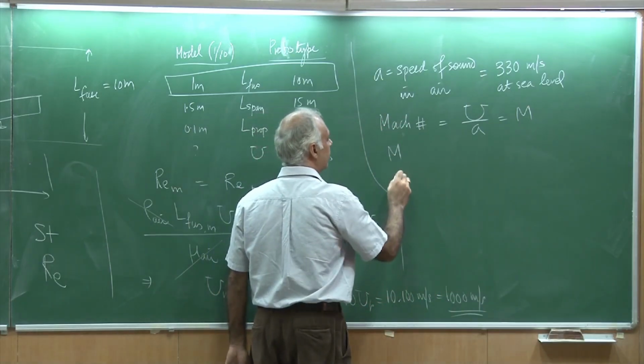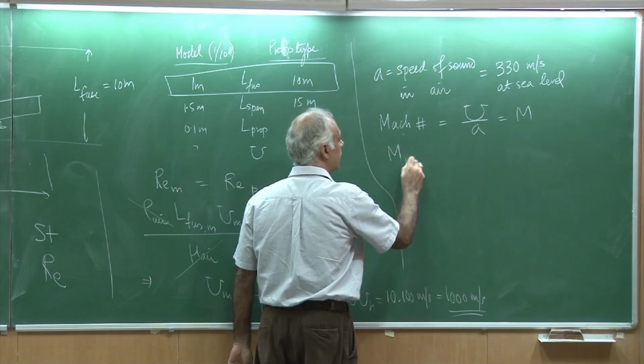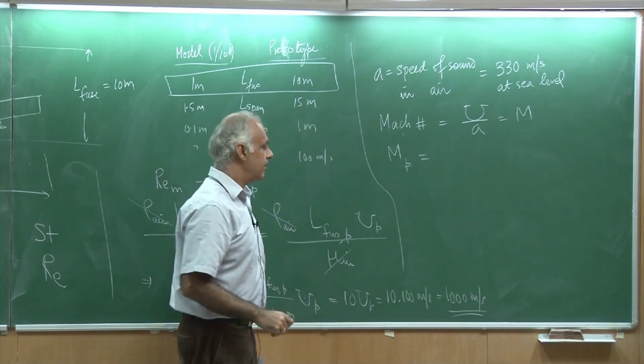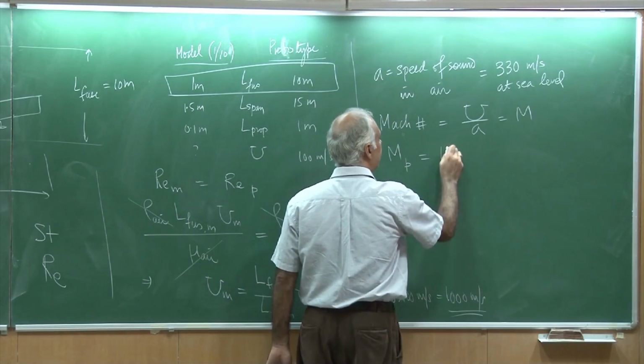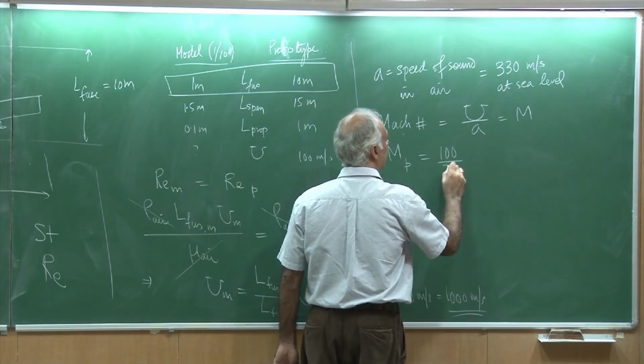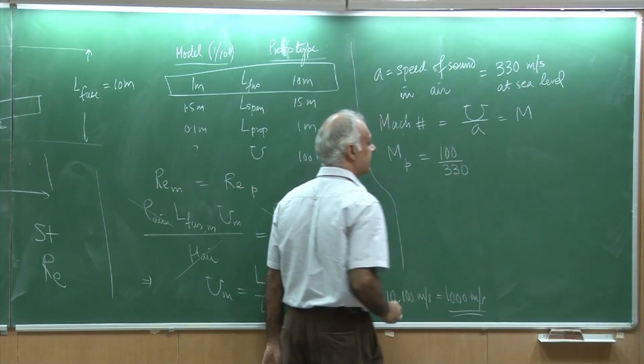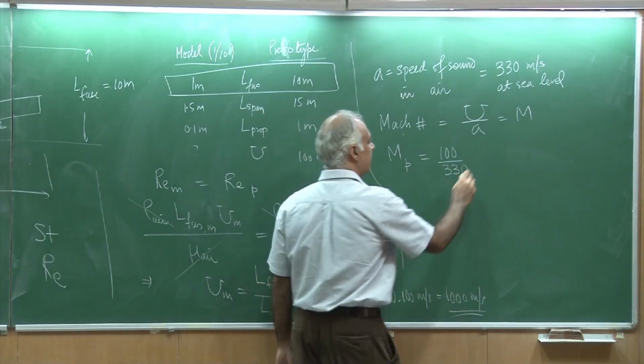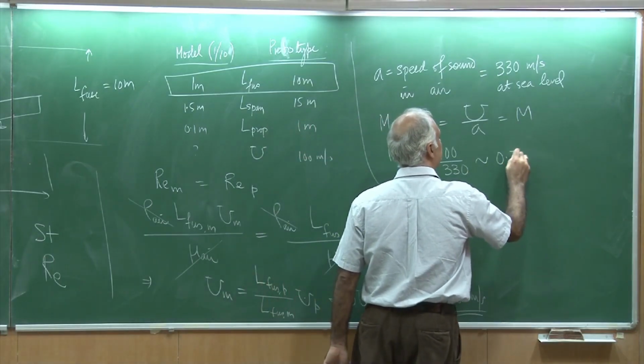So, let us estimate what is the Mach number for the prototype. For the prototype, it is 100 divided by 330, okay, which is roughly 0.3.